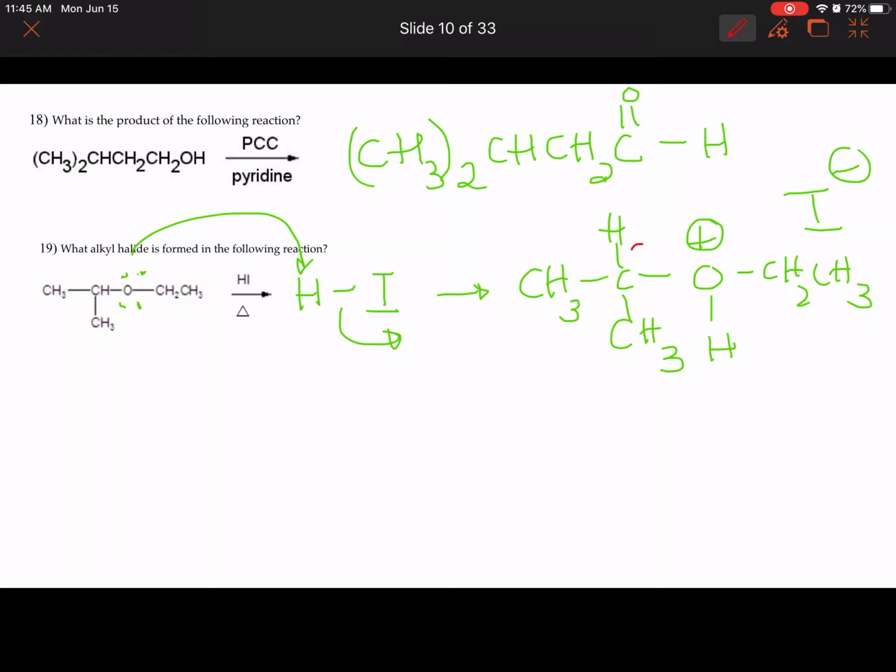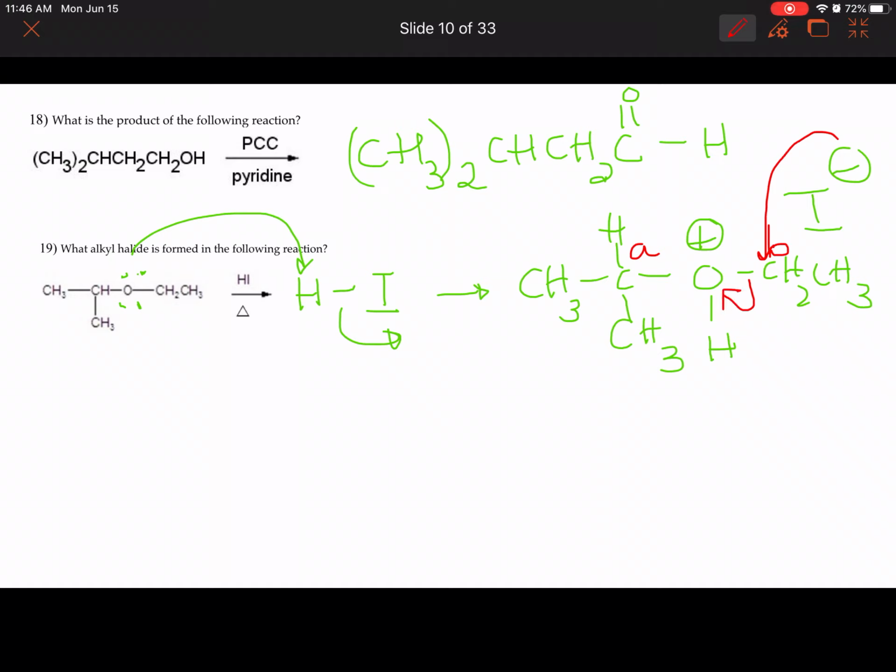So between carbon A and carbon B, which one is less sterically hindered, where I minus can come easily and then do the substitution. A has two methyl groups and a hydrogen. B has two hydrogens and one methyl group. So B would be the easiest one to attack by iodide. So the iodide would come to the more open carbon and then cleave the bond between carbon and oxygen.